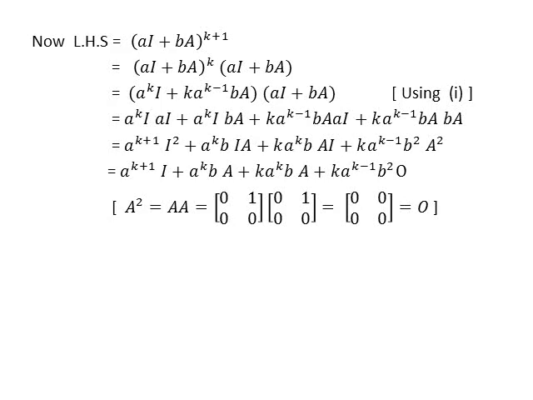The product of the null matrix with any scalar is equal to the null matrix, and we know that addition of a matrix with the null matrix is equal to the given matrix itself.